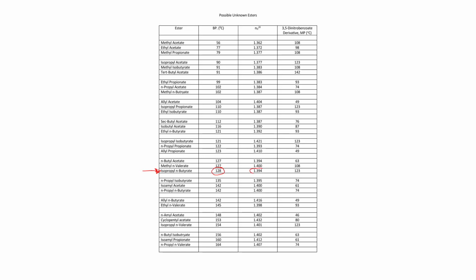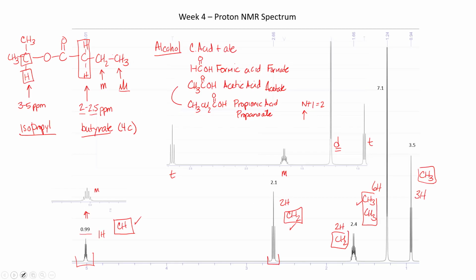Then the refractive index should be really close to that, and the melting point of the derivative should be close to that. But the definitive answer, if this was a student unknown, is isopropyl butyrate. Okay, and so that's how we make our identification of esters.